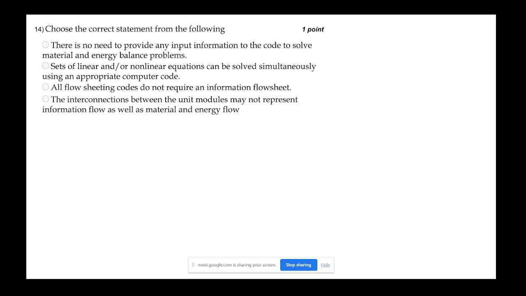Next question is, choose the correct statement from the following. So let's read first. There is no need to provide any input information to the code to solve the material and energy balance problems. So it means that you just have equations with unknowns.